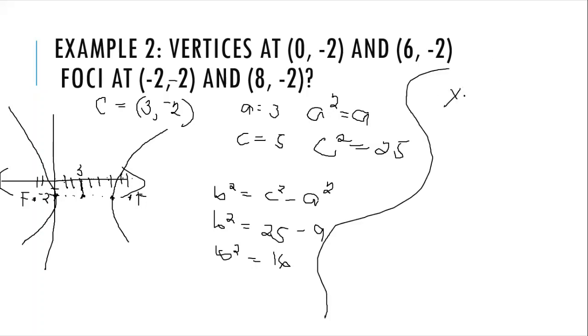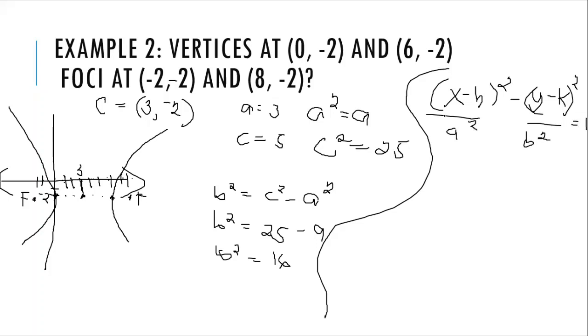So using the standard form, x minus h quantity squared over a squared minus y minus k quantity squared over b squared is equal to 1.